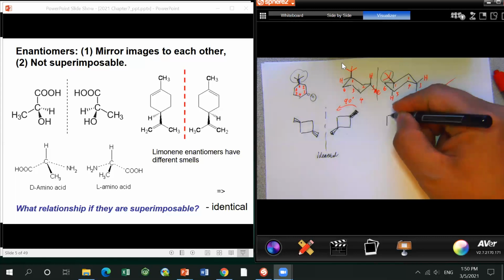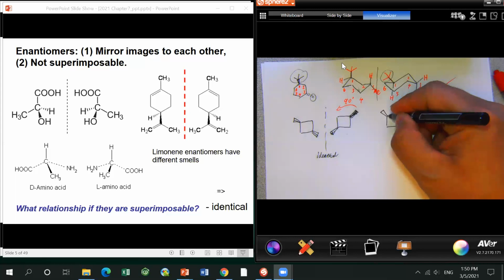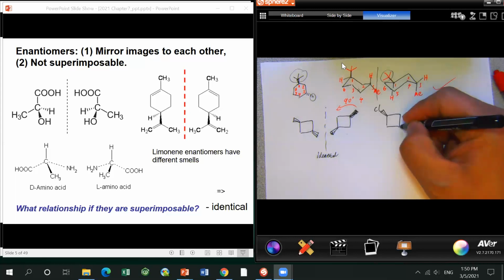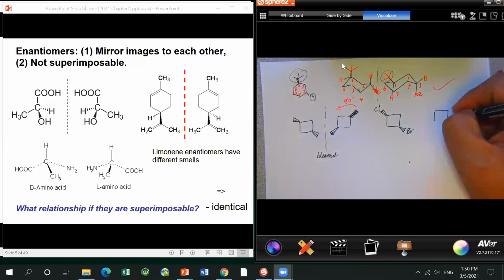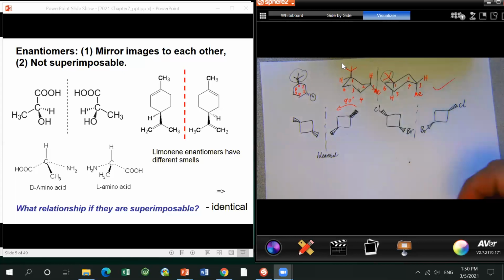Before the end of the class, we have another pair of molecules, mirror images of each other.